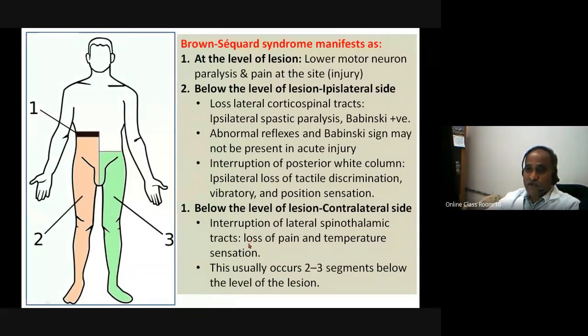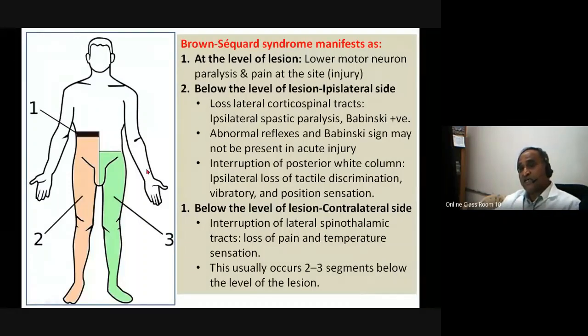The lateral spinothalamic tract carries pain and temperature sensation. Once this is interrupted, the pain and temperature sensations of the opposite side of the body are lost. That is below the level of the lesion. Since the pain sensations ascend up and down 2 to 3 segments at each level.